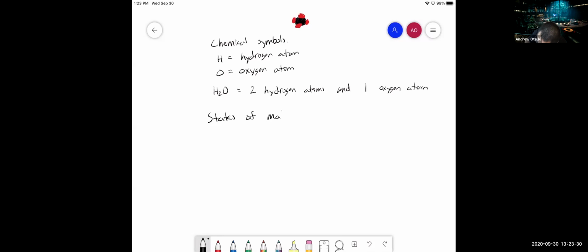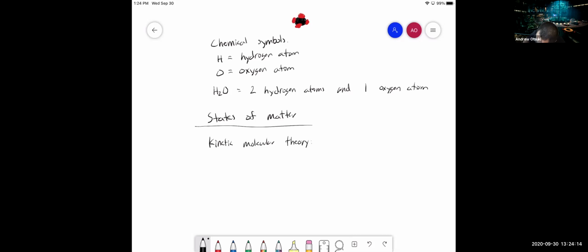There's technically a 4th one, but we're not going to talk about that. The differences in the states of matter can be explained using the kinetic molecular theory. So let's talk about that. Kinetic molecular theory.